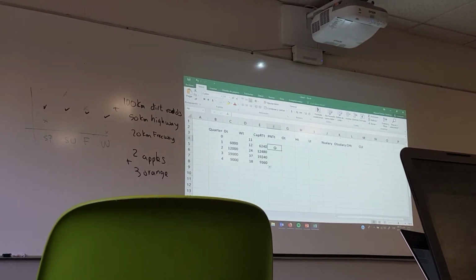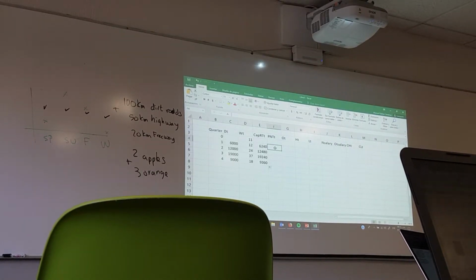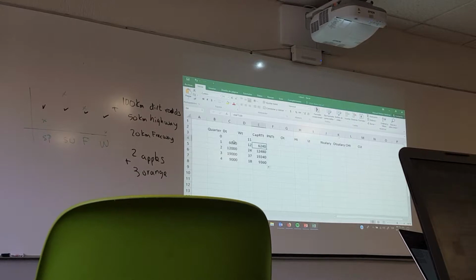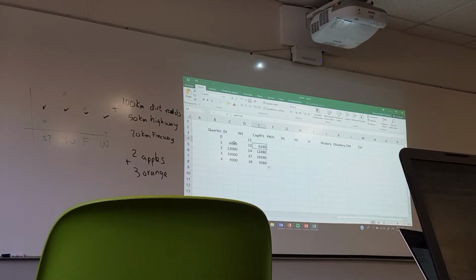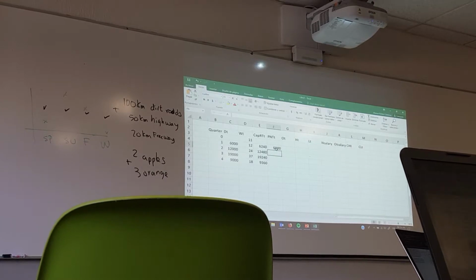So what is the actual production? We have capacity to work these many hours, but we only need to work 6,000. We cannot keep inventories. So how many hours are we going to work? 6,000.